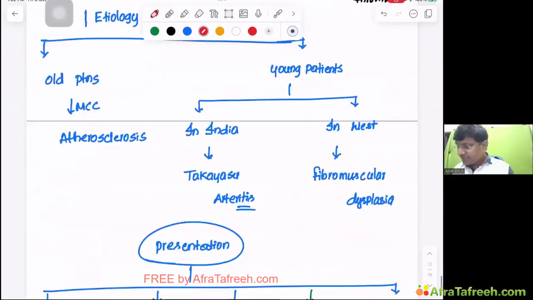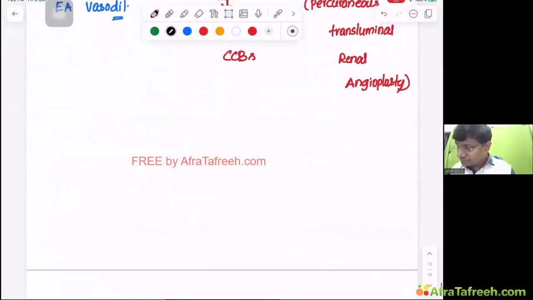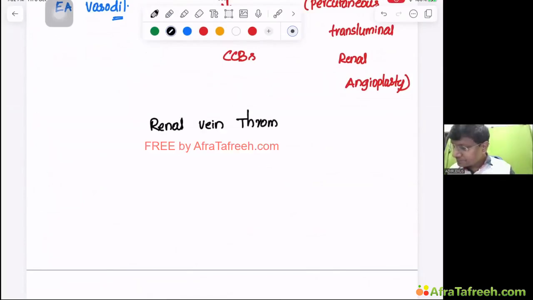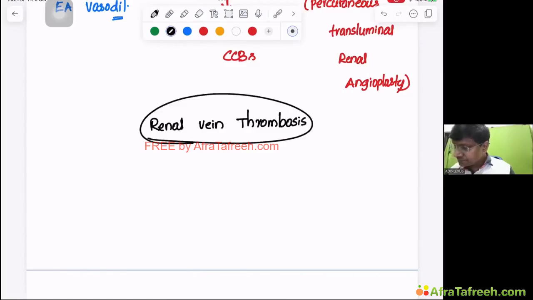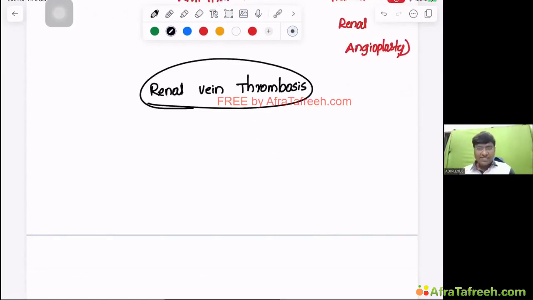So if you take this renal vein thrombosis, as the word itself is telling you, that is the formation of thrombus within the renal vein.